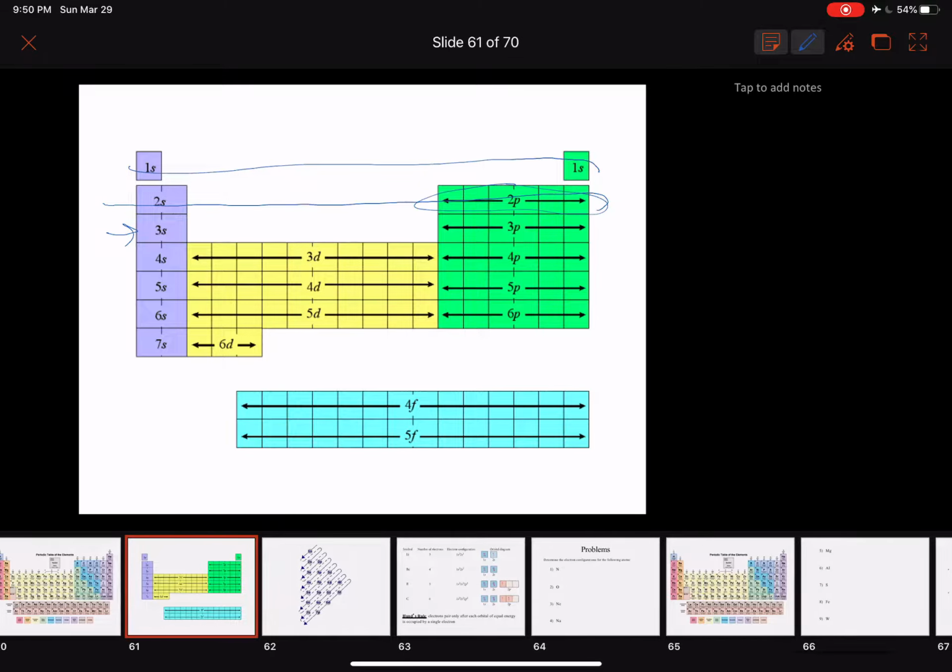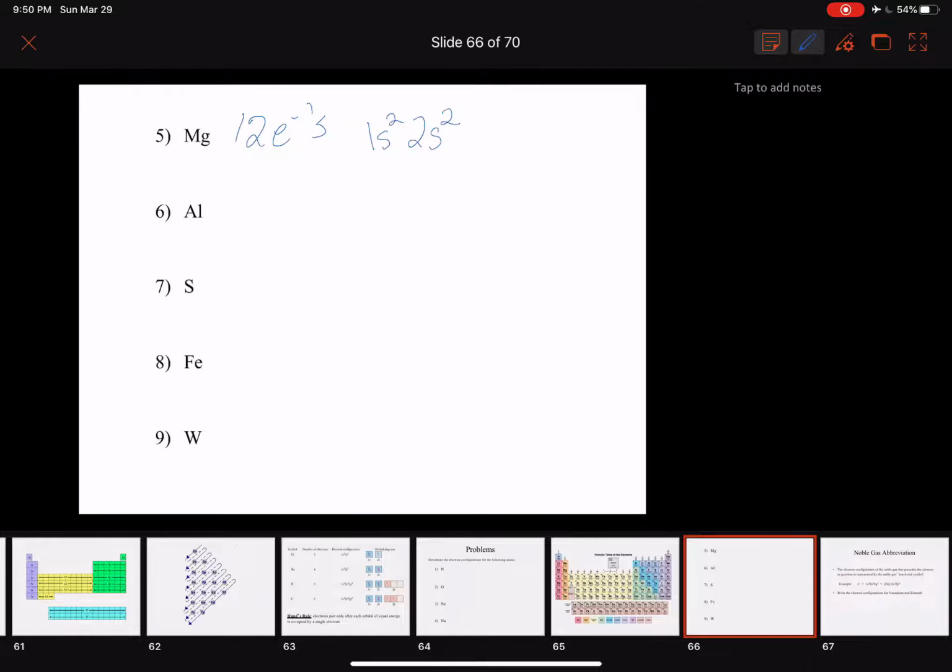So back on this slide right here, we can write 2p6. Now remember, you could write 2px2, 2py2, and 2pz2, but it's just easier to write 2p6 there. Now we've used up 10 electrons and we have 12 to use up total.